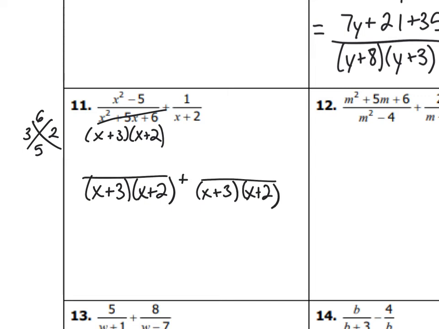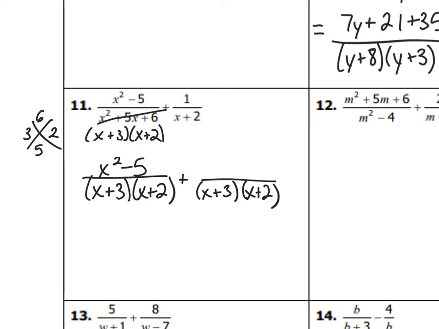My first fraction. Is my denominator missing anything to get to the common denominator? The first one? Is this missing anything? No, it's not. Okay, so I can just keep its numerator the same, right? What about the second one?